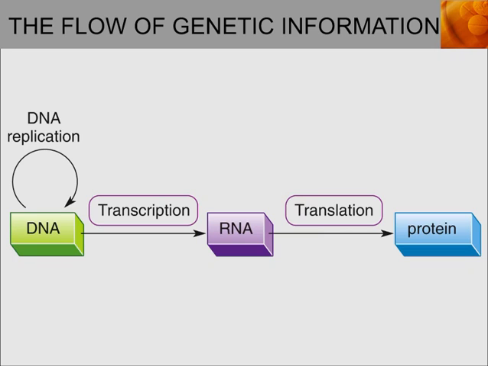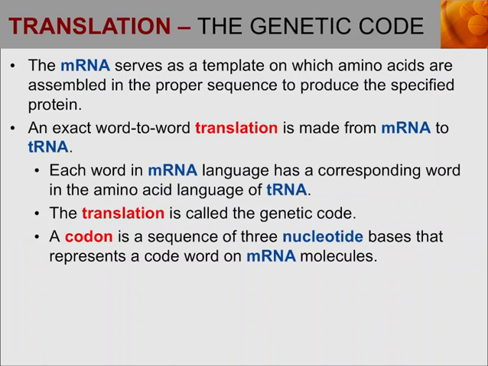So now let's look at the process of translation. So how do we go from RNA to a protein? So the messenger RNA that we just made is going to serve as a template on which amino acids are assembled in a proper sequence to make a specified protein. So remember, the primary structure of a protein is the linear sequence of amino acids.